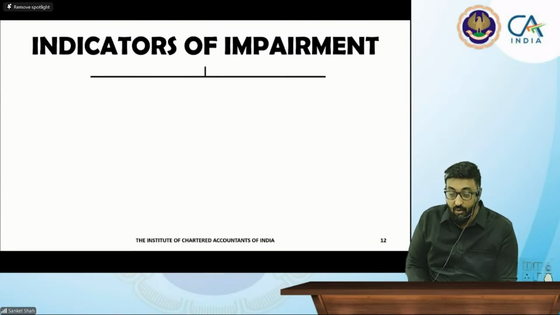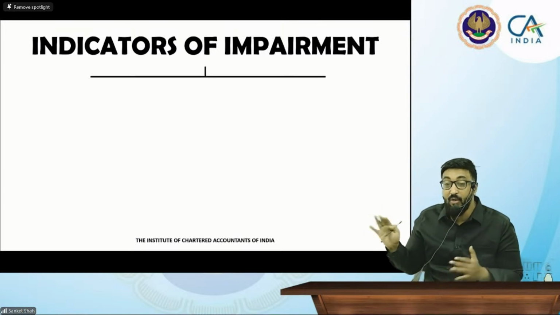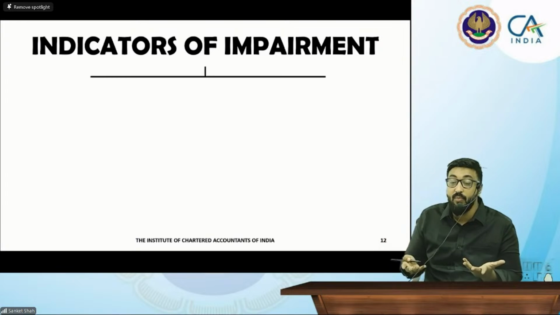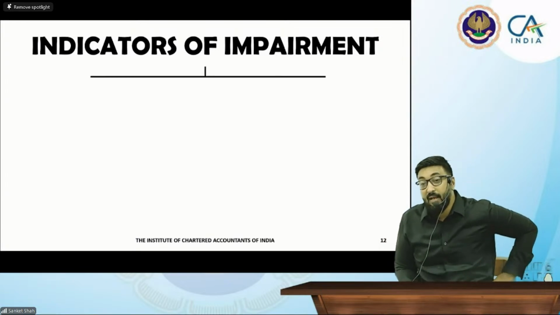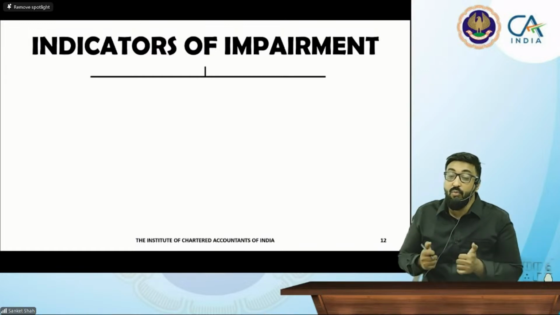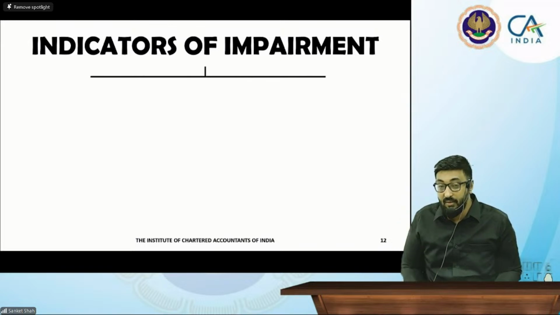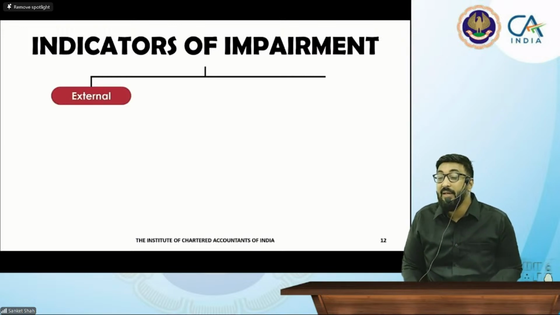You bought one laptop having DOS technology and then you understood technology has completely changed, MS Office has come. You bought one mobile having a keypad and then suddenly you understood there is touch screen. So technologically, your asset may get impaired, correct? Market value may get less. Suddenly the market falls.